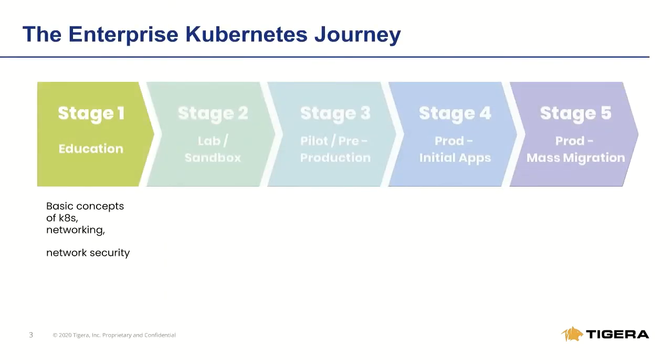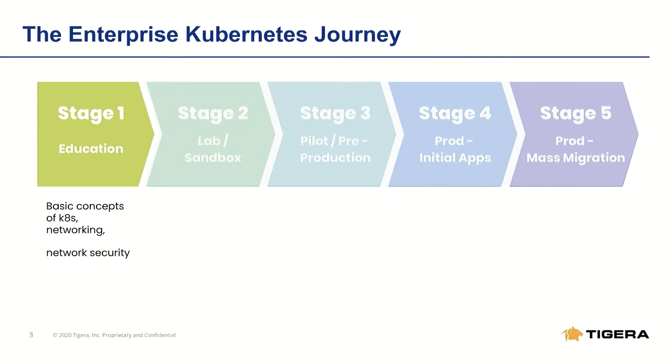So we see the Kubernetes journey is typically 5 different stages. And apologies for this, the webinar platform seems to be changing the formatting on this, as well as a few of the other slides talking about the journey here. But in stage 1, this is where there's a lot of education going on.